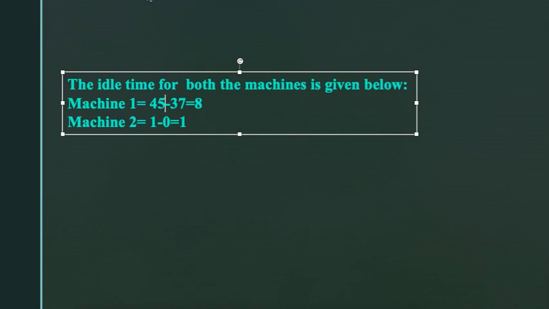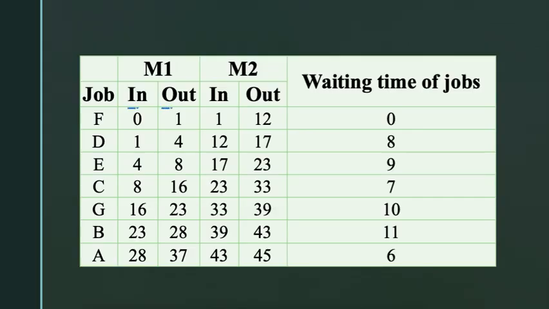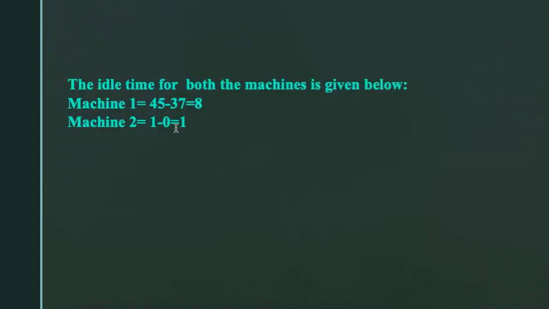Now if we talk about machine M2, the final processing on machine M2 gets over only at 1, but it starts at instant 0, right? The idle time that we have calculated here for machine M2 is 1 hour.